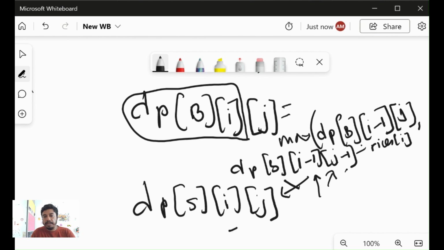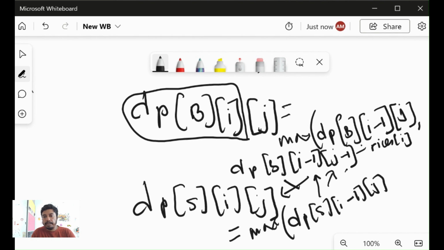Similarly for dp s i of j, I just have to add it similarly: dp s i minus 1 j, same as before, and then the next term is dp b of i minus 1 j. Note that here I'm adding j, not j minus 1, plus prices of i.